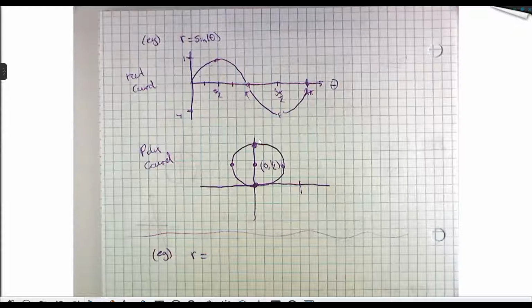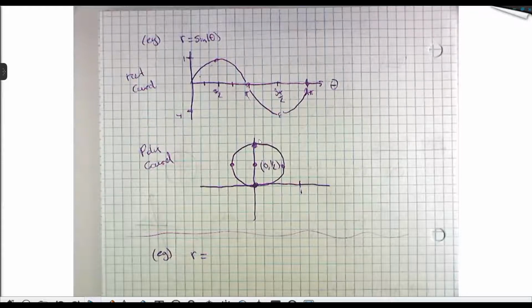Cardioid or... I don't actually see the examples I'm looking for.